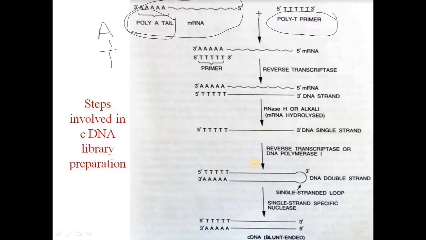Afterwards, this primer pairs with the 3' end of the mRNA, and with the help of the enzyme reverse transcriptase, which is RNA dependent DNA polymerase, the poly A tail is added to the 3' end of the RNA to make it analogous to eukaryotic mRNA.